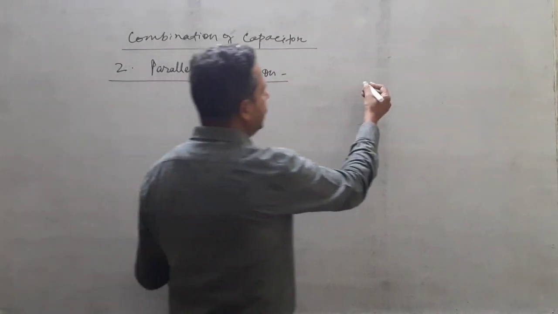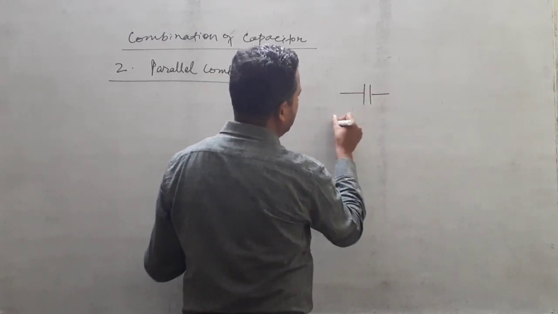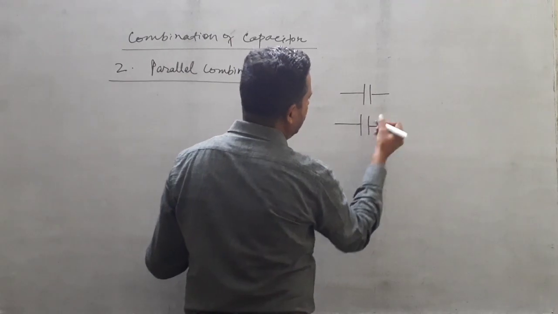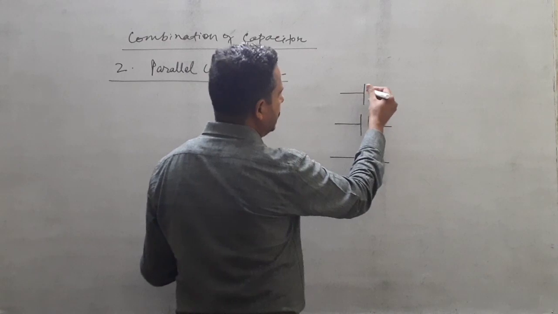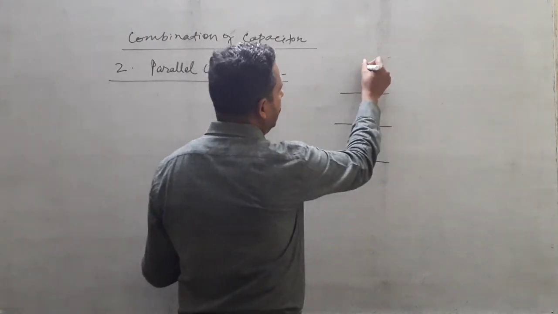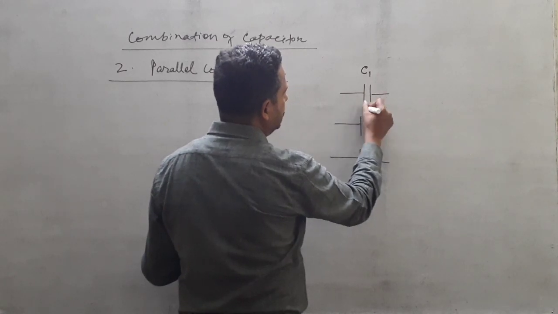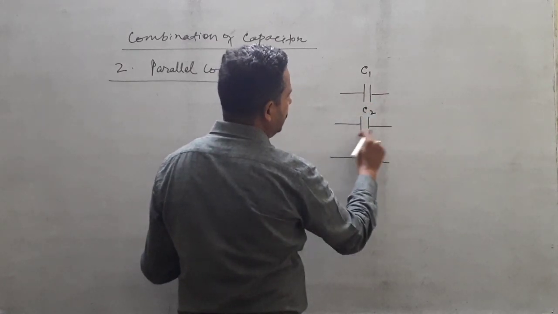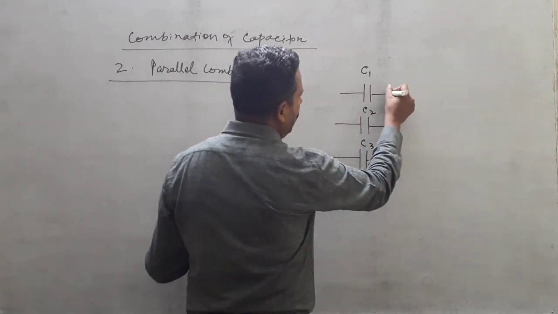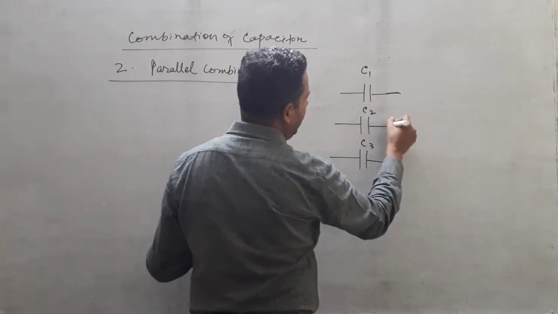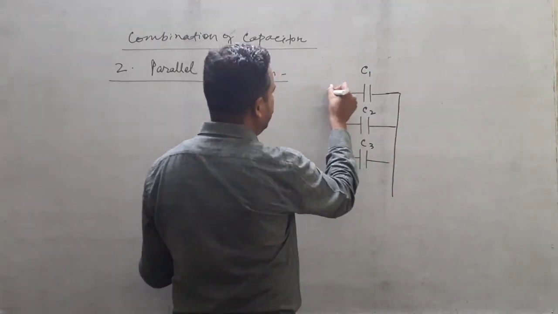Now suppose we have taken three capacitors here. Each capacitor has capacitance, say C1, C2 and C3, and all these capacitors are connected across a potential difference.